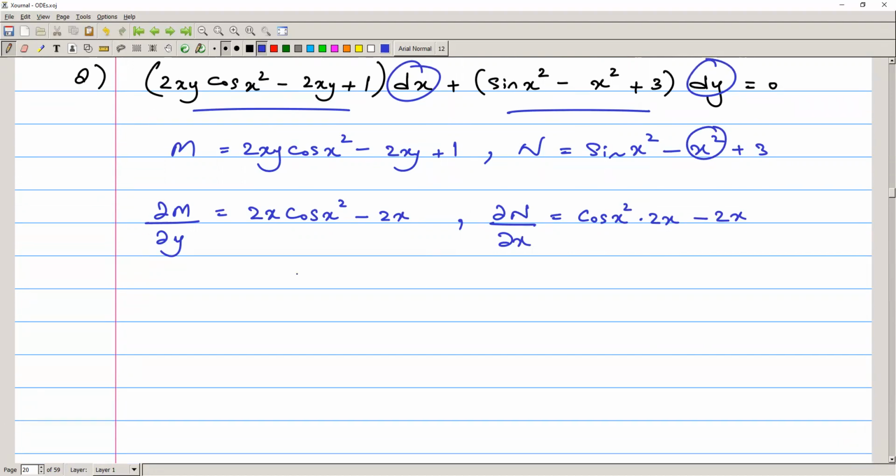So we can see here that dou M over dou y equals dou N over dou x, which equals 2x cosine x squared minus 2x.